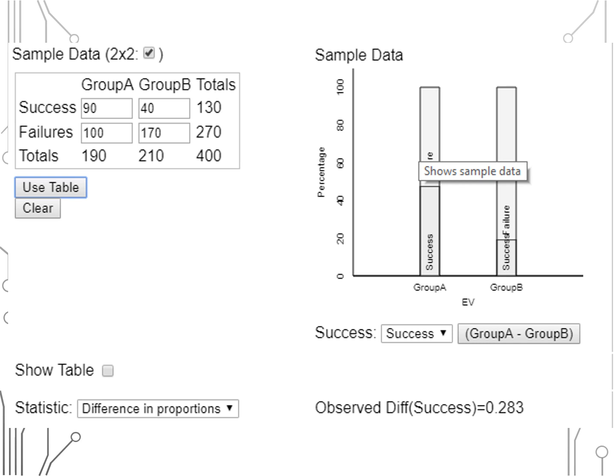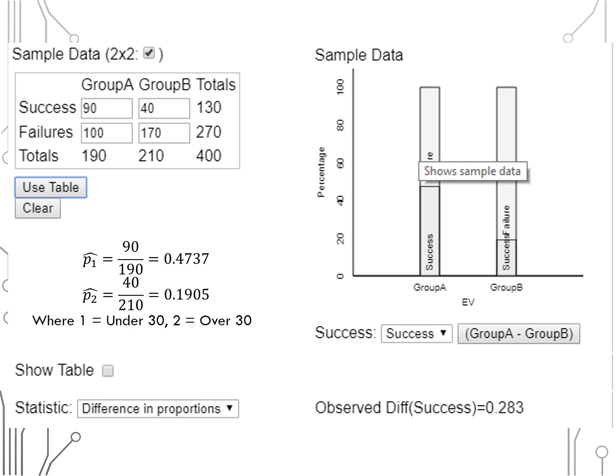We could also represent the conditional proportion of successes in a sample as p hat and use subscripts to denote groups. So, p hat 1 would be 90 over 190 or 0.4737. P hat 2 would be 40 over 210 or 0.1905. Again, defining my subscripts, 1 represents those under 30 and 2 would represent those over 30.